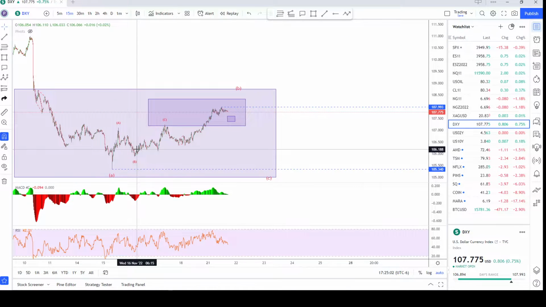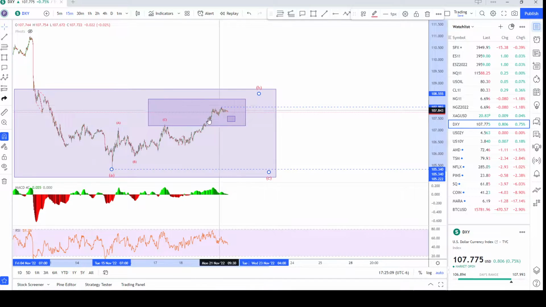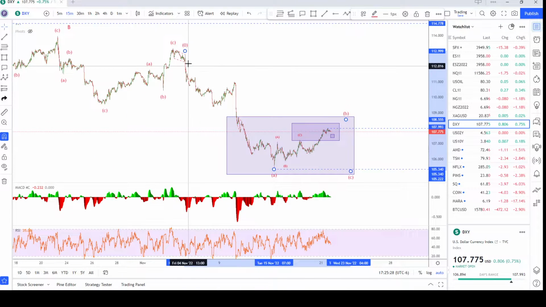I would think it's probably going to be making a leading diagonal for the A wave of the B wave, so it's going to be chopping around here. This will be ABC for 1, this was ABC 2, ABC for 3, 4, 5. That'll all be just the A, a correction down, up, and then you'll have an ABC. So this will be the A, this will all be the B, and then we're coming down for the C, and that would be the third wave.